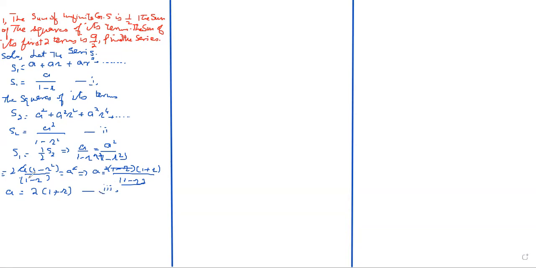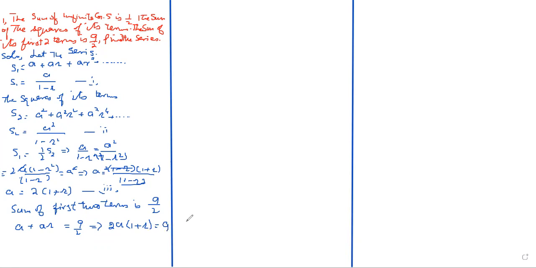Now we know that the sum of the first two terms is 9 over 2. So A plus AR, the two terms, equals 9 over 2. This implies 2 times A, taking A common, A times 1 plus R equals 9.